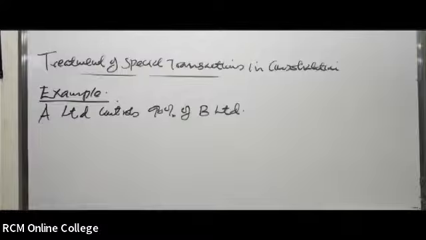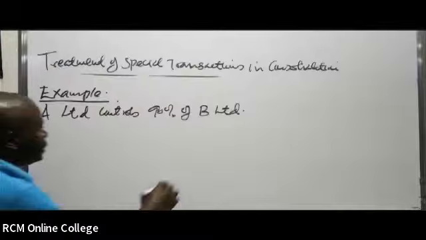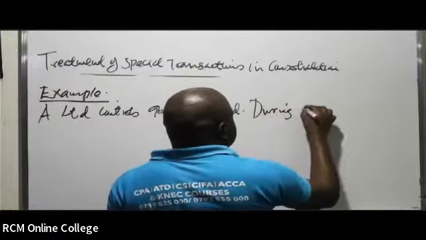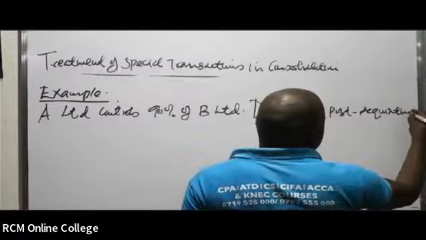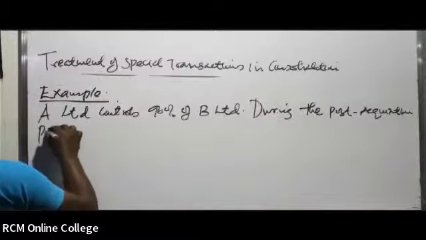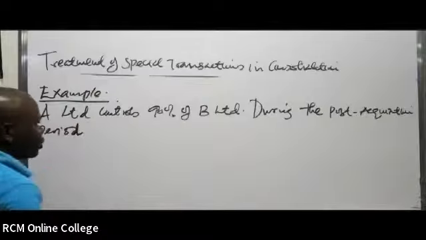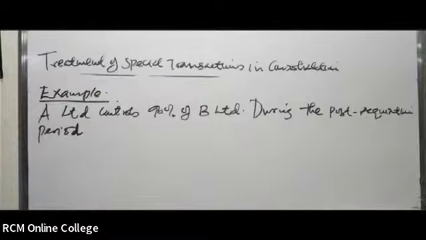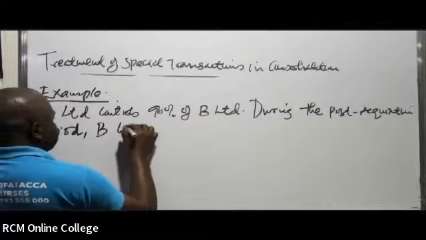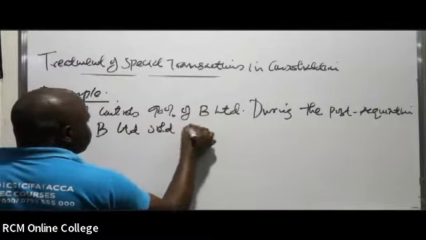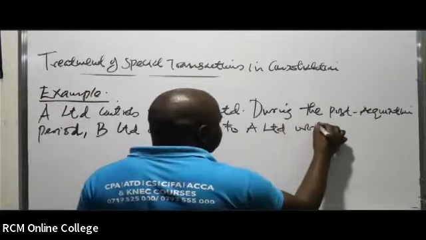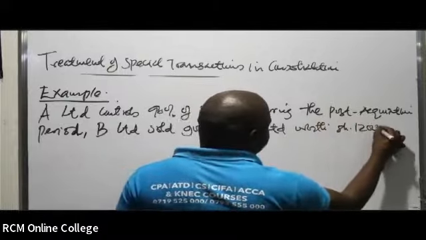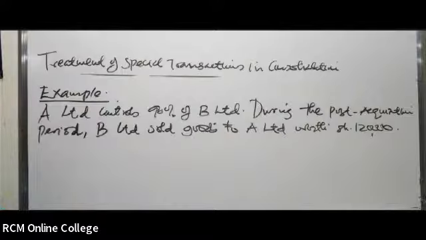During the post-acquisition period, B Limited sold goods to A Limited worth shillings 120,000.